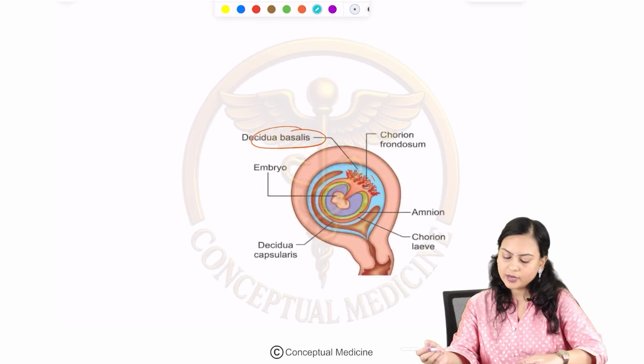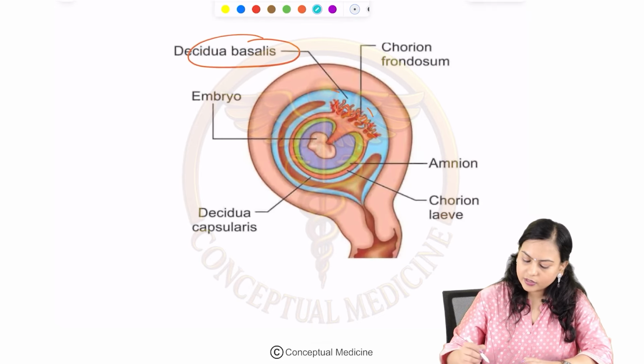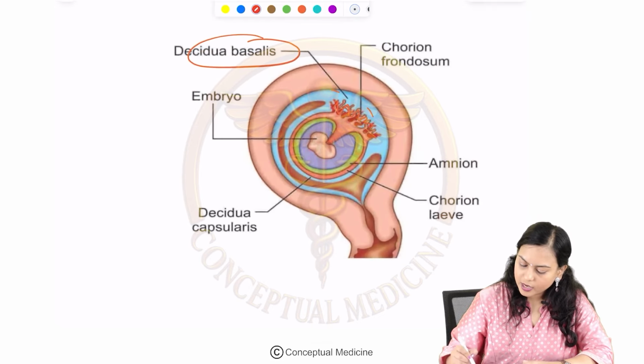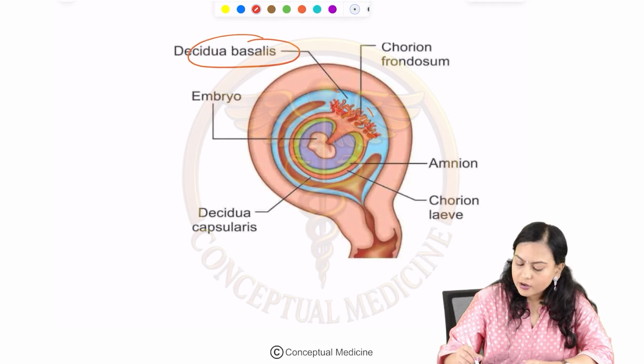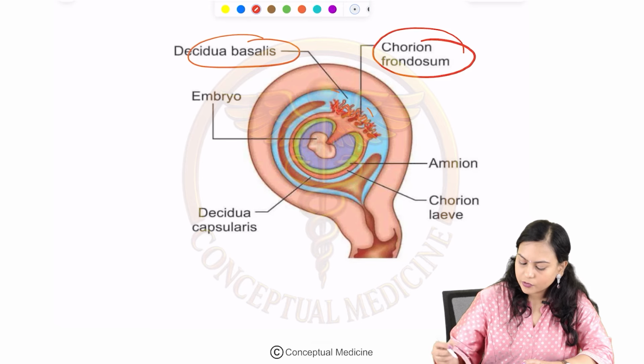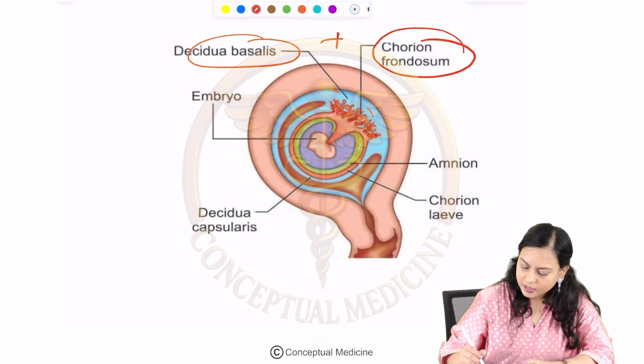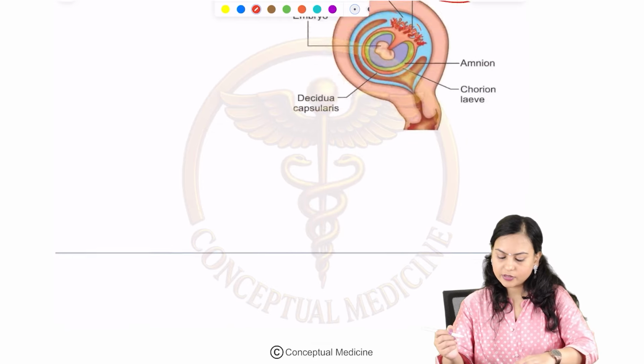For a better understanding, we'll see this pic. We have the decidua basalis. The villi that are near to the decidua basalis in the chorion is known as chorion frondosum. Together these two layers are going to form the future placenta. We have the chorion laeve nearby to the decidua capsularis.